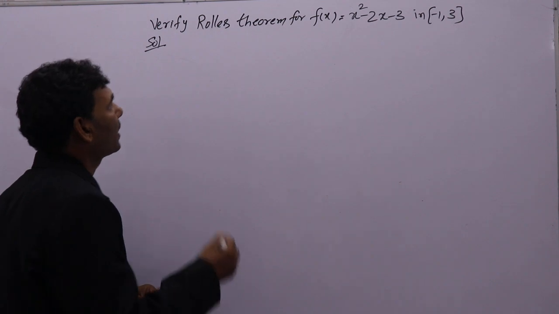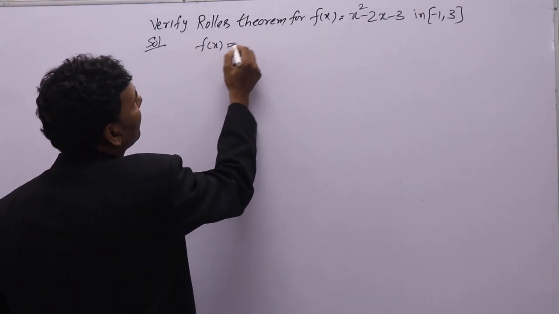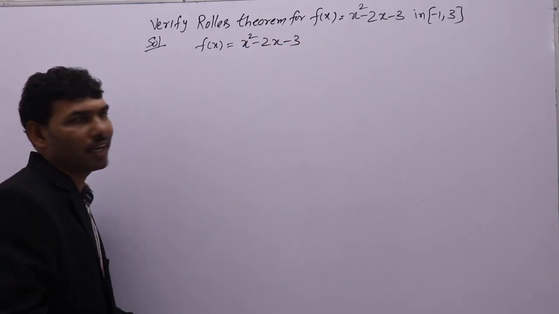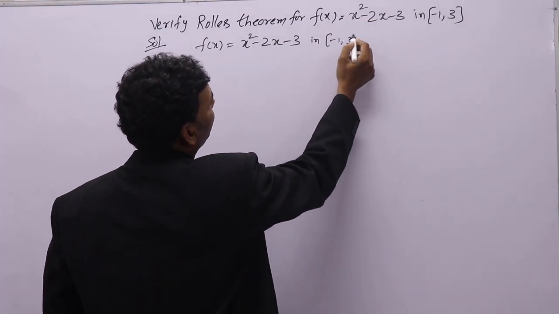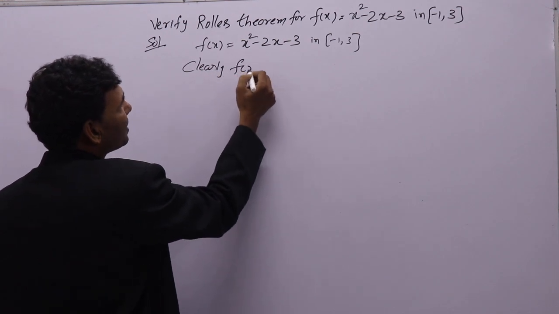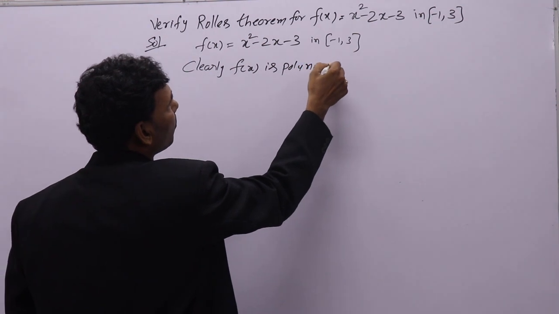Now, the next one, we have to verify Rolle's theorem for this function f of x equal to x square minus 2x minus 3 in minus 1 comma 3. So clearly here f of x is a polynomial.